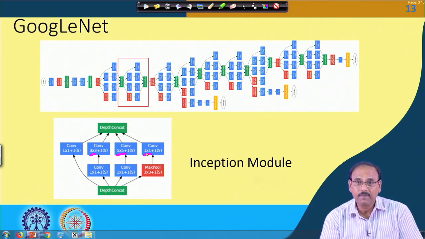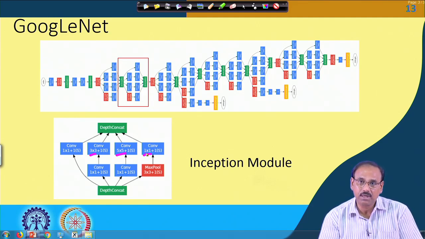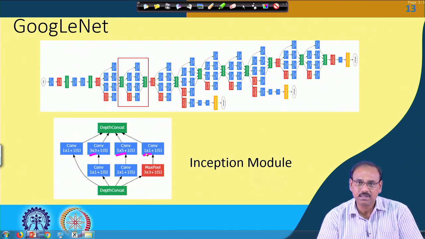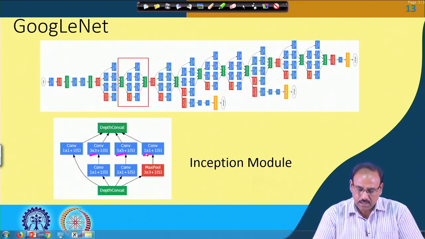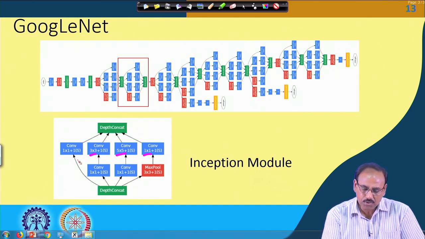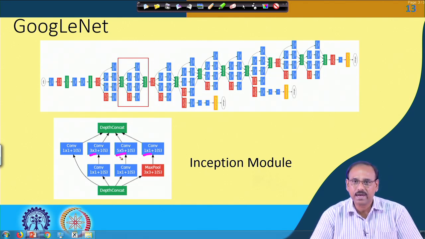GoogleNet actually introduces a 1 by 1 convolution kernel, and we'll see what the advantage is that you gain using this 1 by 1 convolution kernel. So this is the inception unit. You have the different convolution layers, you have the max pool layers, and finally the outputs of all these different convolution channels are the operations to extract the features.